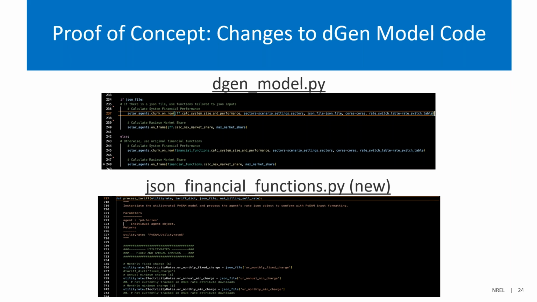And then underneath that, you'll see a little snippet of how we've updated to pull from the JSON file. So instead of it being a hard-coded value, we have the model go to our JSON file that was inputted, find a specific key, and then extract the value from there and feed it into PySAM with the utility rate function.